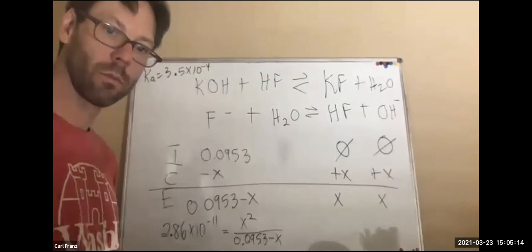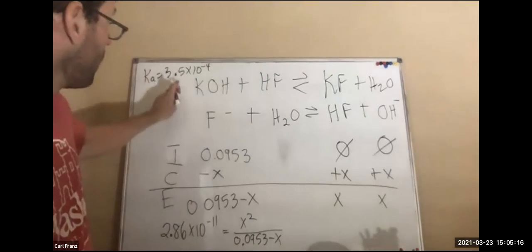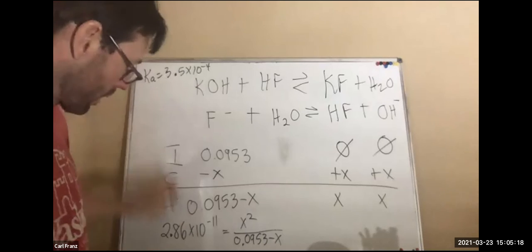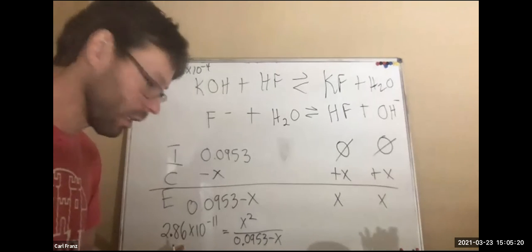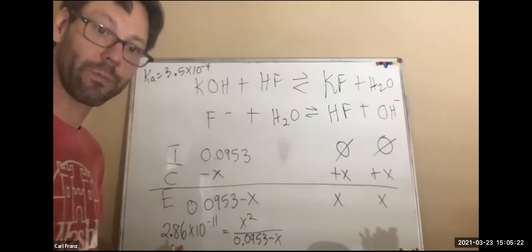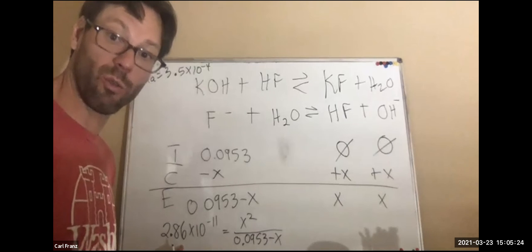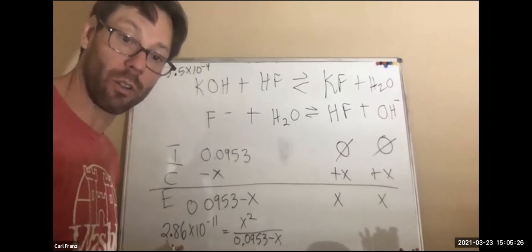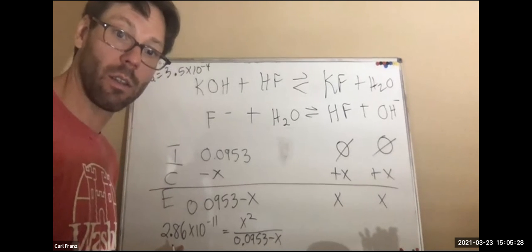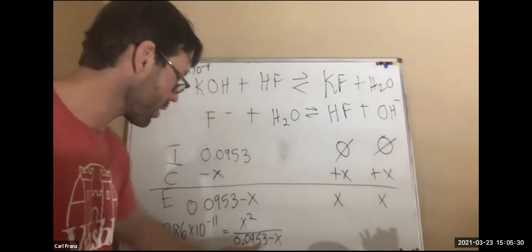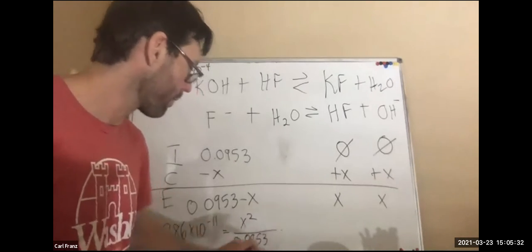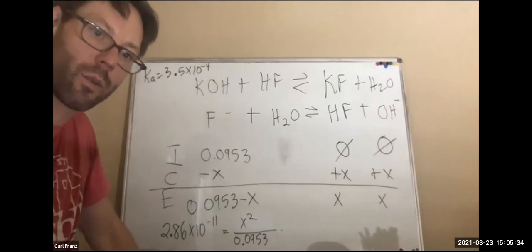Now, Kb is a small number, right? To the negative 11. So let's assume that x is small, shall we? If we assume x is small, then it just becomes x squared over 0.0953.